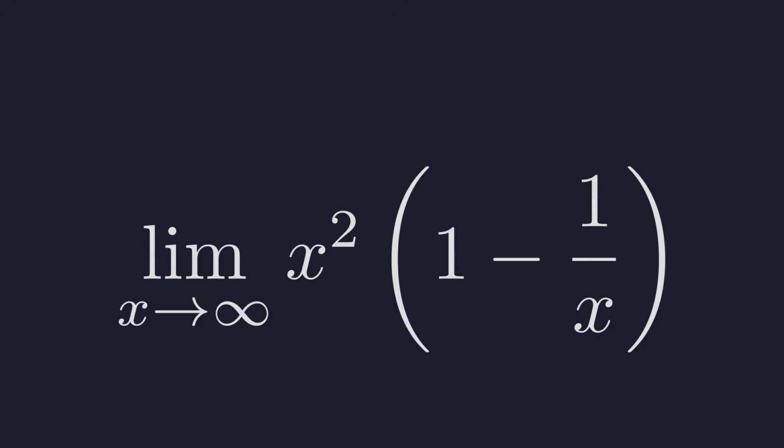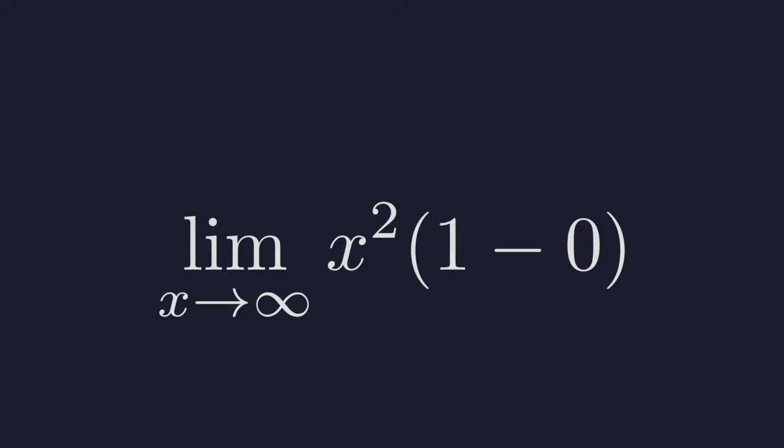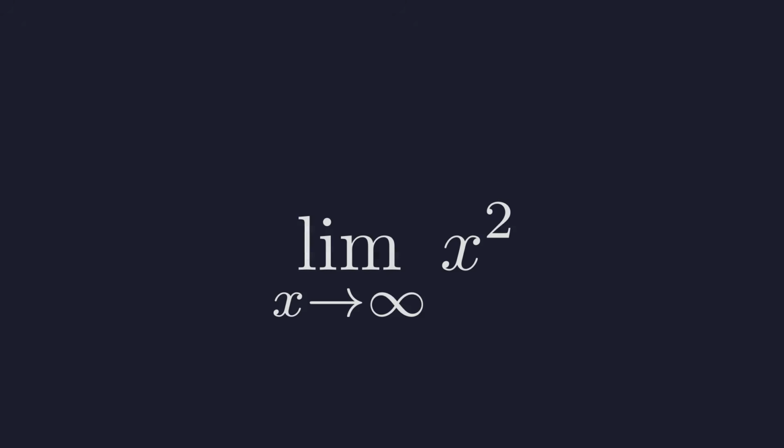Factoring out x squared gives us x squared times the quantity 1 minus 1 over x. As x goes to infinity, the term 1 over x approaches 0. The expression inside the parentheses therefore approaches 1. We are left with the limit of x squared as x approaches infinity. And this, of course, is infinity, the stronger infinity.